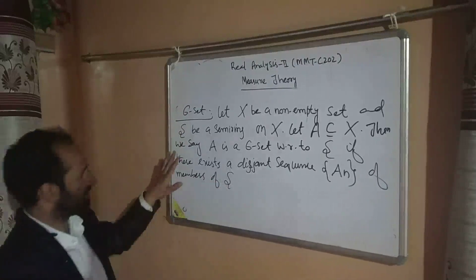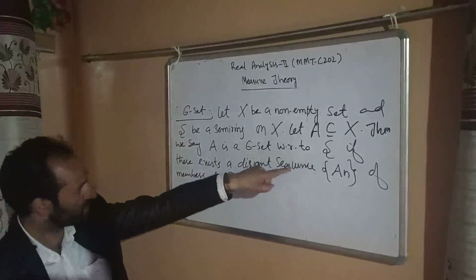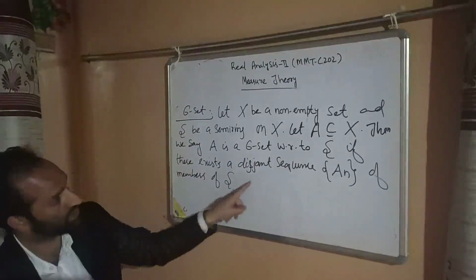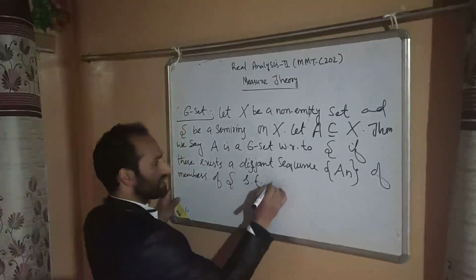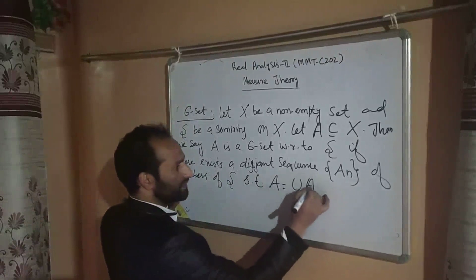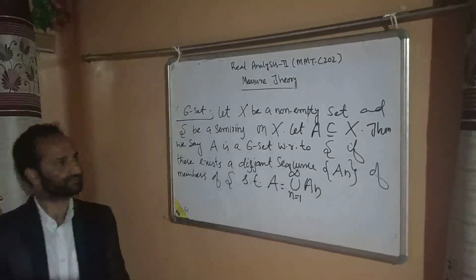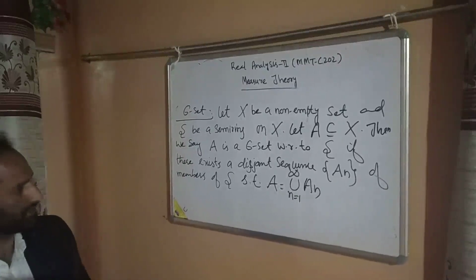So a subset A is said to be a sigma set with respect to S if there exists a disjoint sequence An in S such that A is equal to the union of An, n running from 1 to infinity. This is the definition of sigma set.